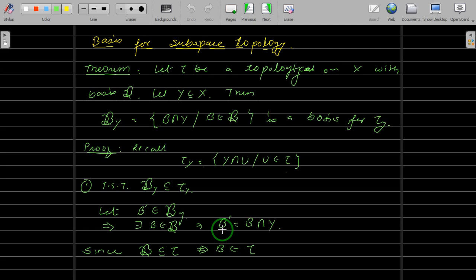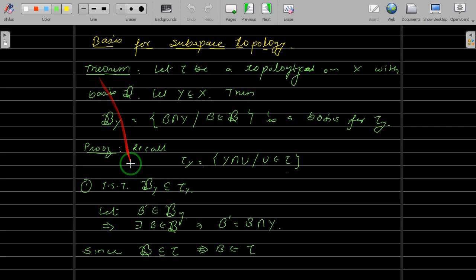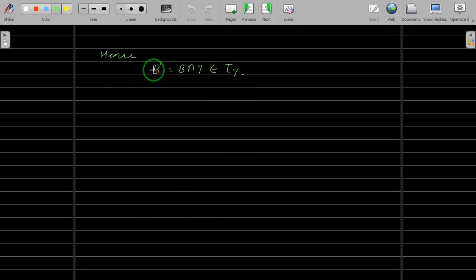So this implies B dash belongs to tau_Y. We have taken one element from script B_Y and showed that it belongs to tau_Y, and this implies script B_Y is a subset of tau_Y. The other way around need not hold.